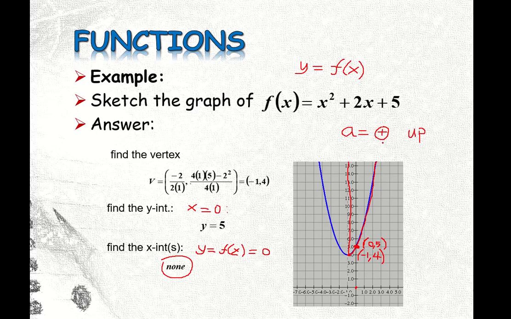And for a negative, the parabola opens down. This idea, class, could also help you draw or graph the function.